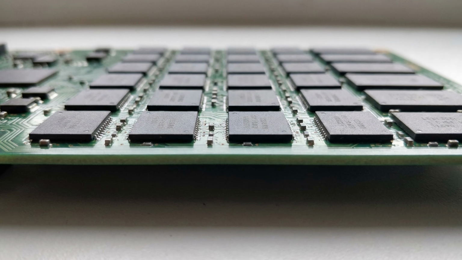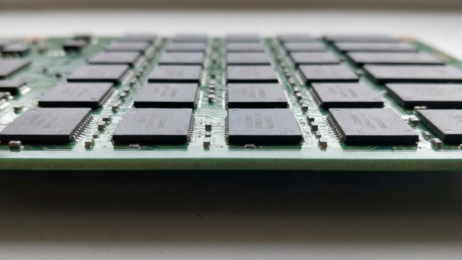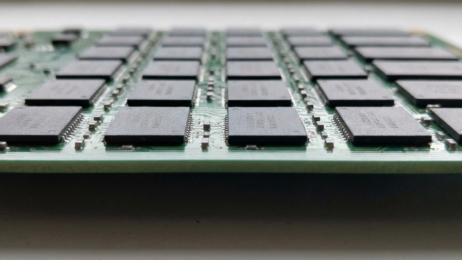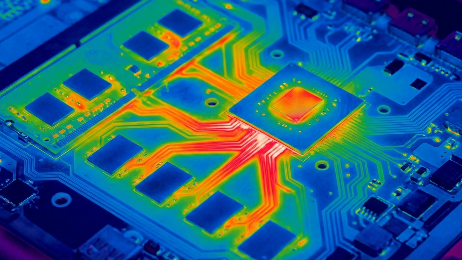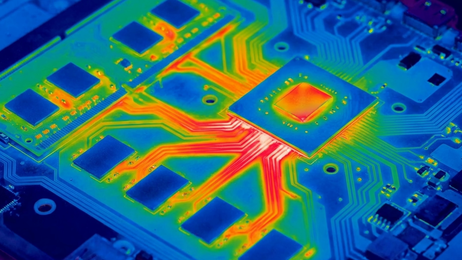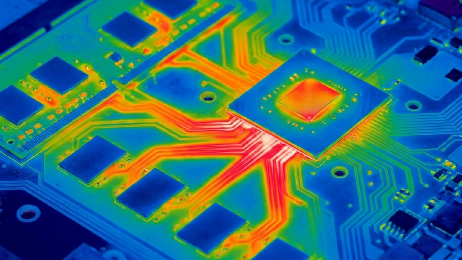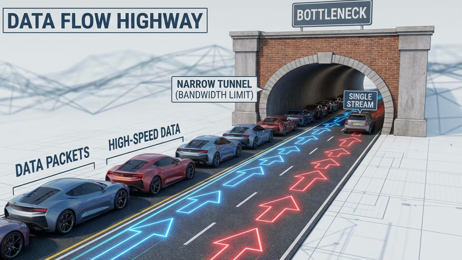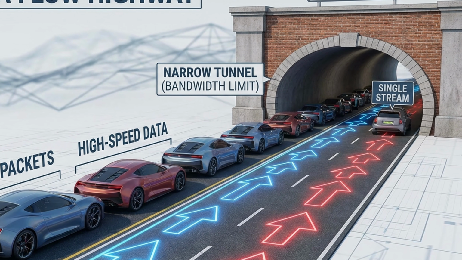However, this standard memory is planar. The chips are spread out flat on a printed circuit board surrounding the main processor. This physical distance requires higher electrical voltage to drive signals across relatively long physical traces on the board, generating significant heat and consuming excessive power. It operates much like a very fast but fundamentally narrow highway.